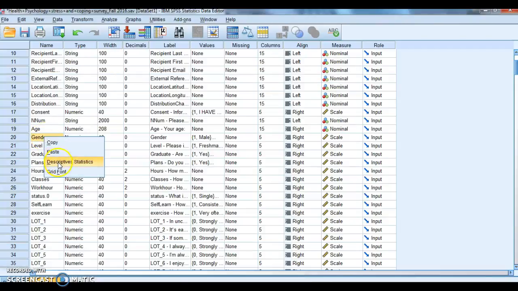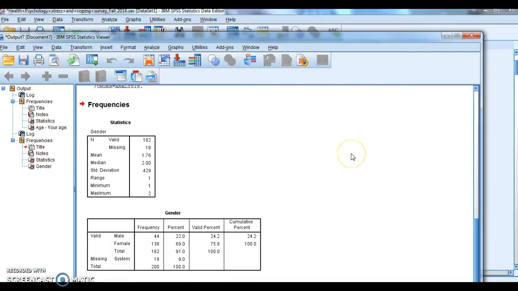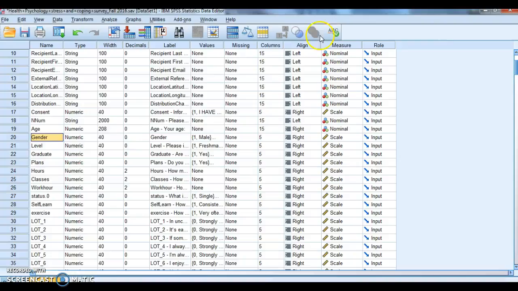In terms of gender, we have predominantly female, 138 women, and these are the kind of things you can think about when you're answering in the conclusion paragraph why you think our results are the way they are, because this gives you an example of who we can generalize this to.